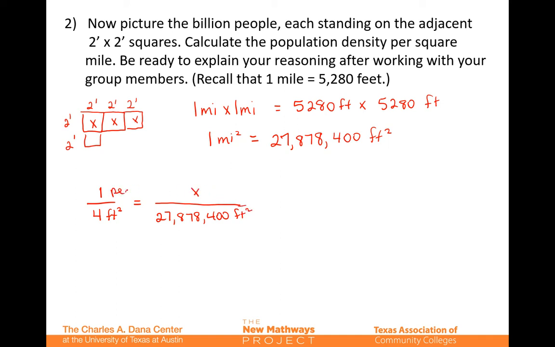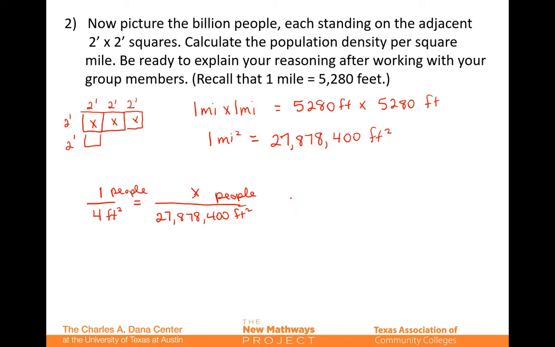This is people, and this X will be people. How many people will that be? If we cross multiply, we realize that's going to have to be exactly 27,878,400 divided by 4, because this is a 1-to-4 ratio.